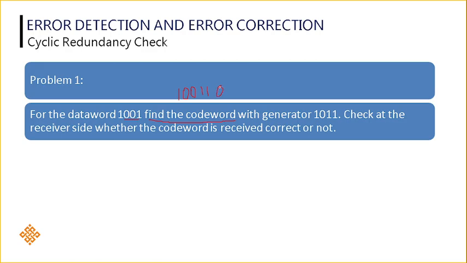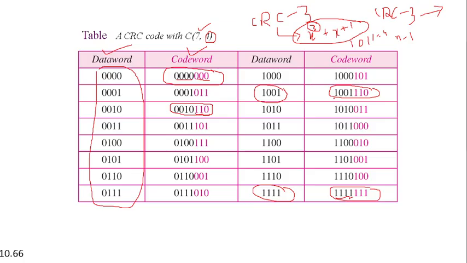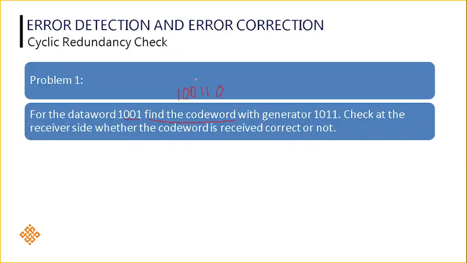And this is the polynomial. In the exam either they may give that polynomial or they may not. It is standard. If they have not given it, you need to assume 1011. If they have given it, well and good. Then check at the receiver side whether the code word received is correct or not.